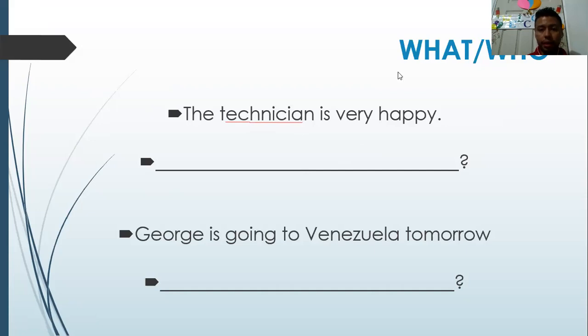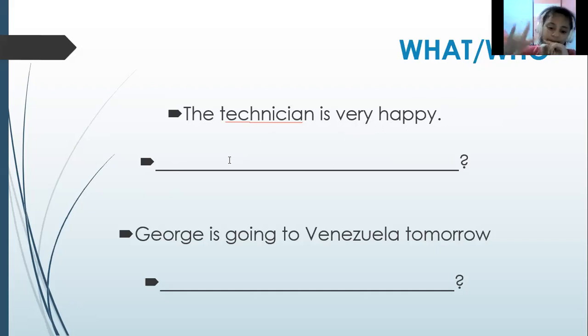Let me give you an example. What or who? What is the expression of the technician? Okay, but we need to use the same complement. We need to copy and paste the same complement.